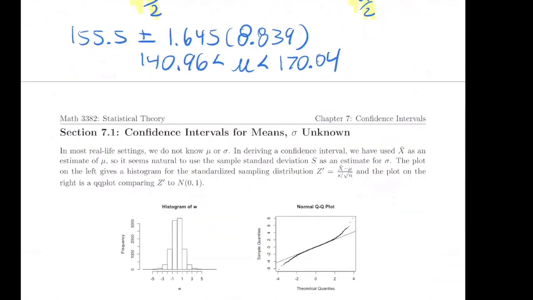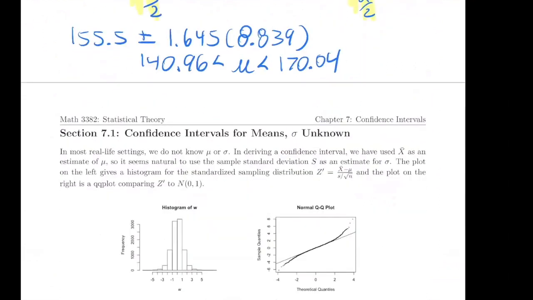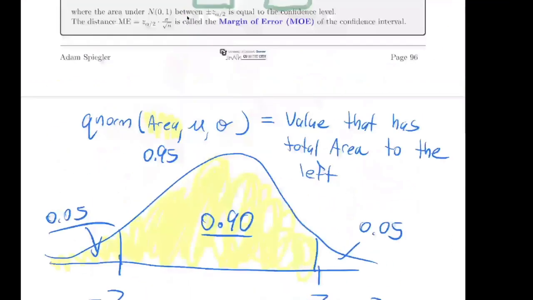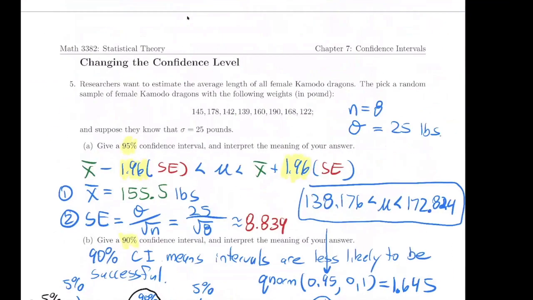So nobody asked, but doesn't it seem odd that we were constructing confidence intervals for a population where we didn't know the mean, but somehow we knew the standard deviation? So up here, when we were doing this Komodo dragon one, we said, okay, we don't know what the mean is, but let's say we know what the standard deviation of the population is.